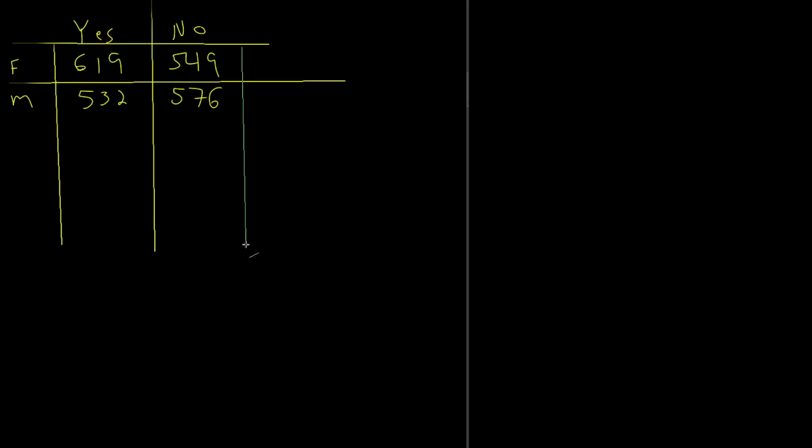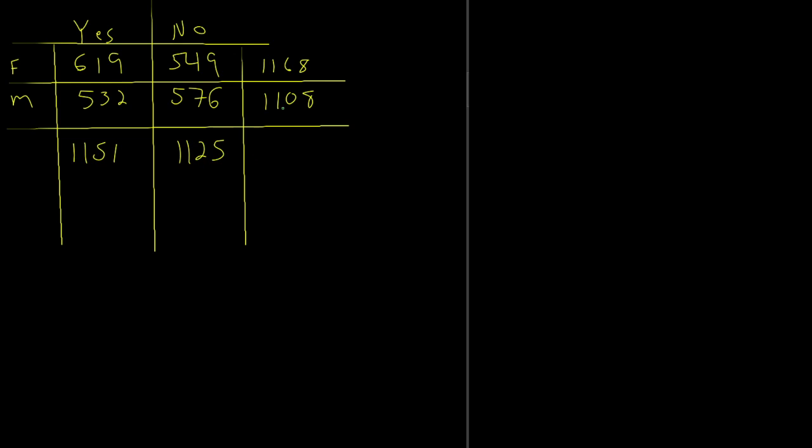And so we kind of have 2 variables coming across here. And so we're going to put some column information together. I'm going to just seal this off in a column. And so I can add up all the female respondents, and there were 1,168 of them. I can add up all the male respondents, and there were 1,008. All the yeses add up to 1,151, and all the no's add up to 1,125.